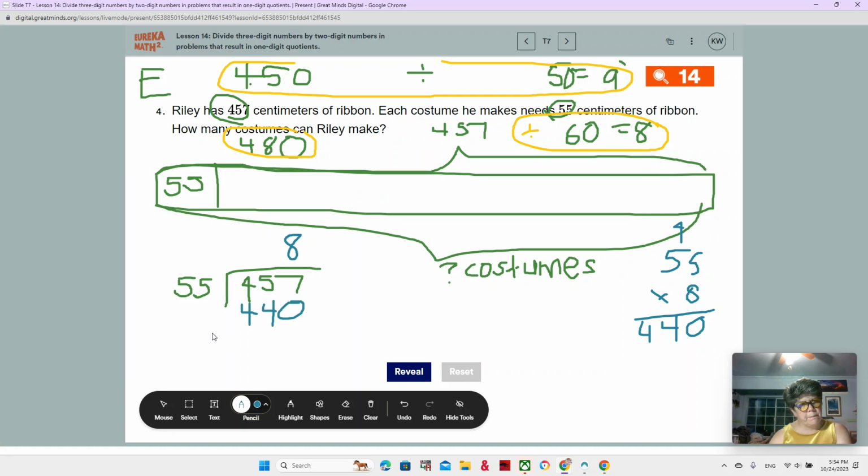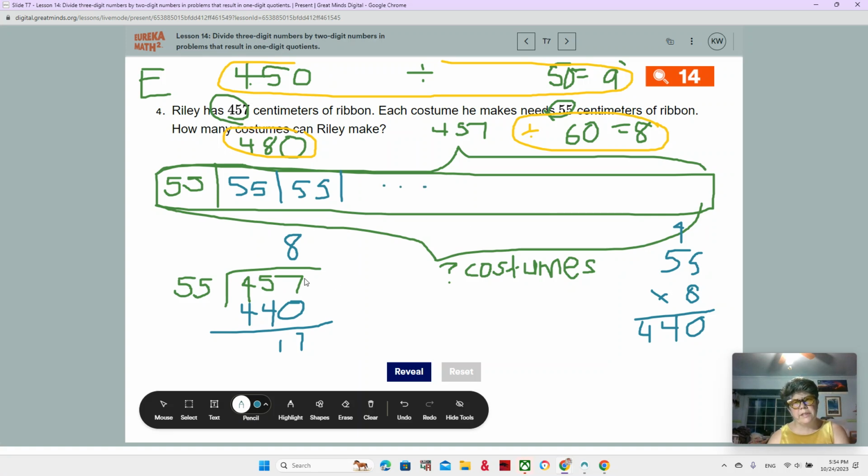Okay. And that leaves a remainder of 17. Now, the question is, how many costumes can he make with the 457 centimeters of ribbon? So that means I can make 8, right, costumes, and you put the 55 in each one, right? 3, 4, 5, 6, 7, 8.